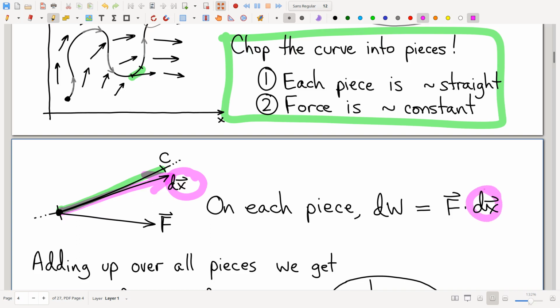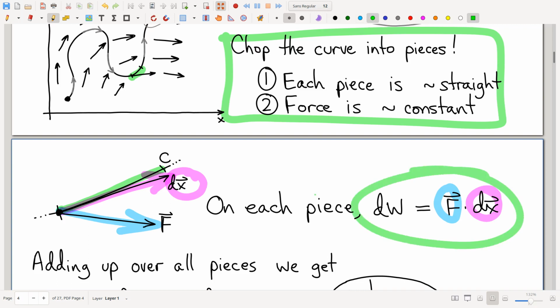So that's our displacement. And the force that we're exerting along that piece of curve is going to be the given force. So all I've done here is just write down force dot displacement on a basically straight curve with a basically constant force, and so this is a good linear estimate of our work. What do you think about that? Everybody buy it?